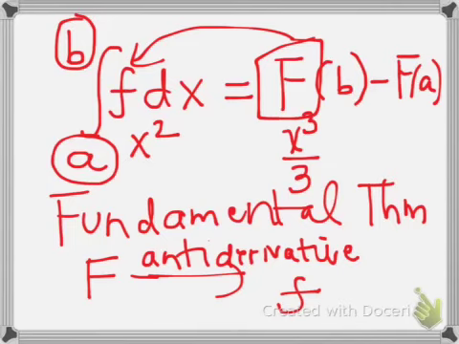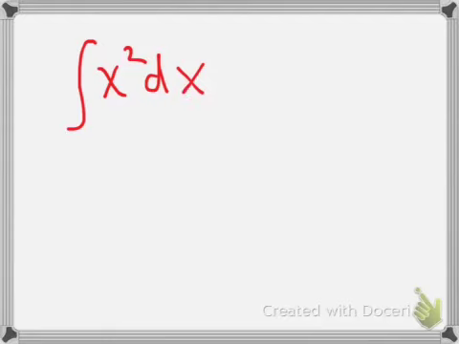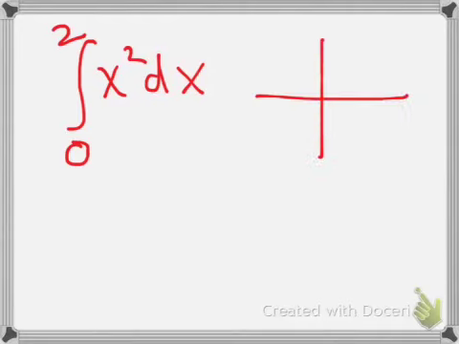So since I took the function x squared here, let's take the integral of x squared dx, and let's find the area of this from 0 to 2. So what I'm saying here is, this is my curve x squared.